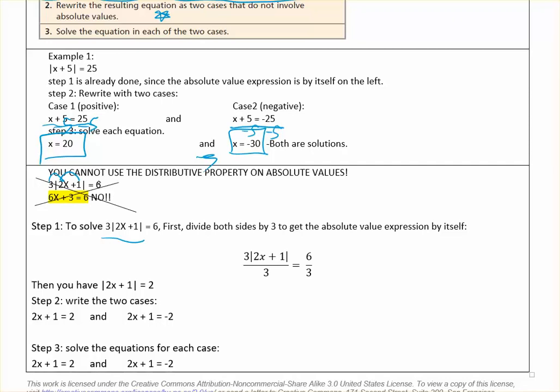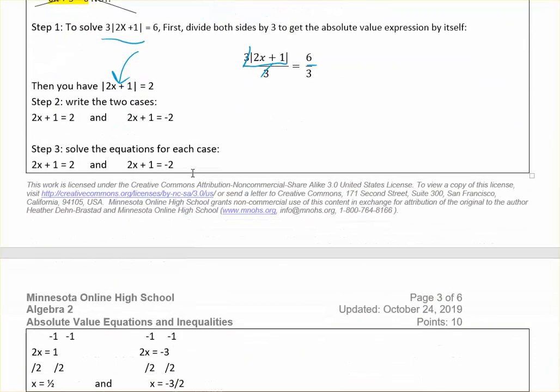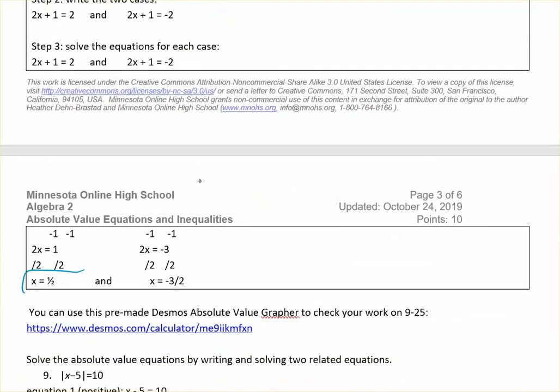So instead we're going to get it by itself by dividing both sides by 3. Then we cancel the 3 out, and now we have the absolute value all by itself on the left side. So the absolute value of 2x plus 1 equals 2. And then you write your two cases and you solve both equations, and you'll get two different answers. And those are your two solutions for the equation.